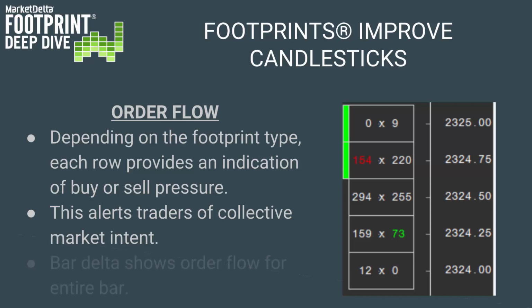All right, let's go ahead and move. Oh, yeah, the last point here, bar delta shows order flow for the entire bar. That's covered quite a bit in the deep dive called Everything Delta. The bar delta would sum up all the deltas for a particular bar and give you a total bar-by-bar read of net order flow.